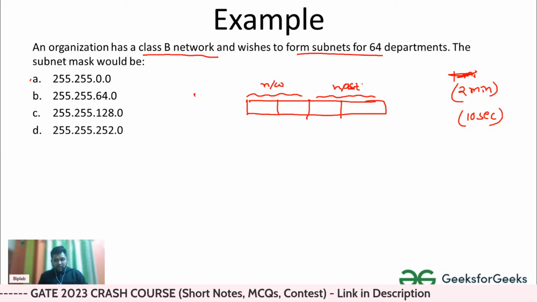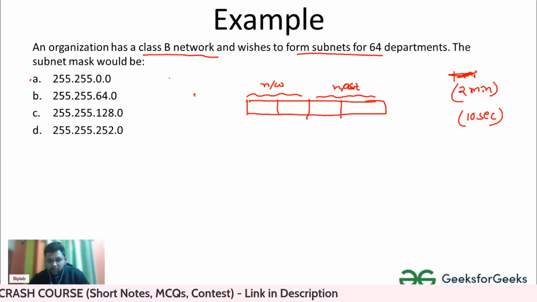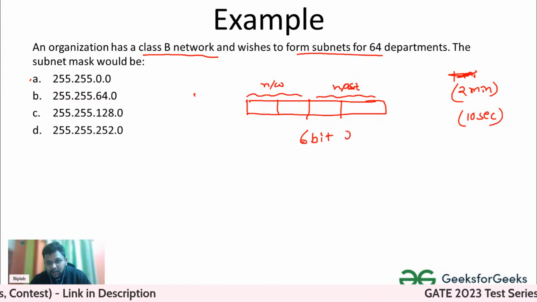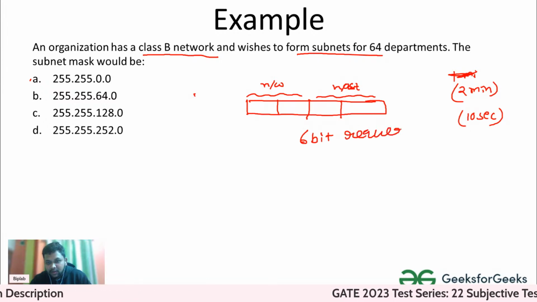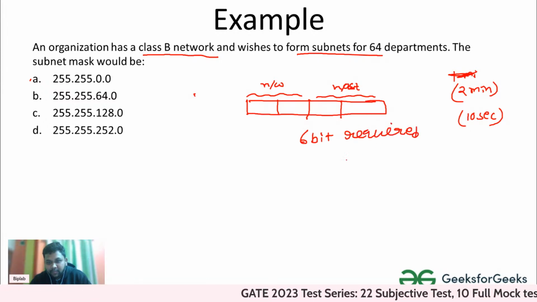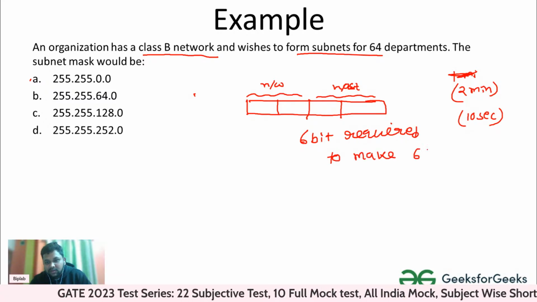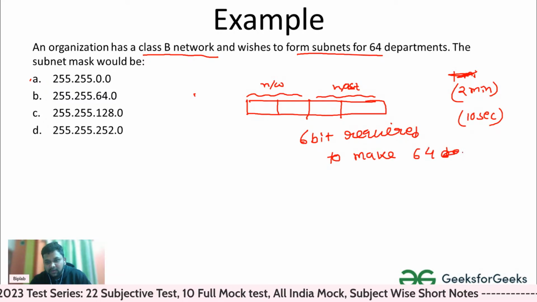So you need 6 bits required to make 64 subnets.